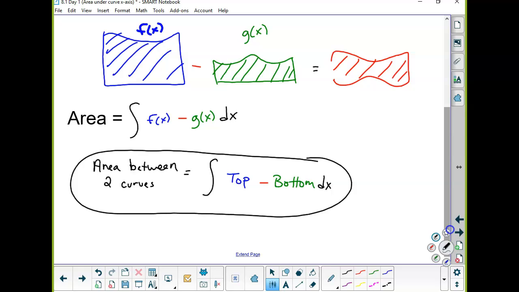That's all we're doing. What's your top function? That's the f of x minus the bottom function.